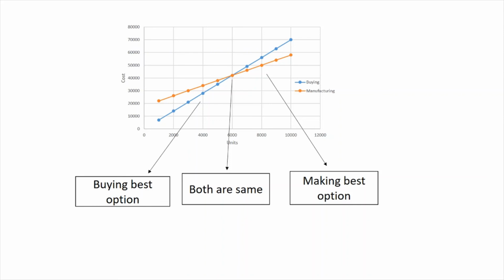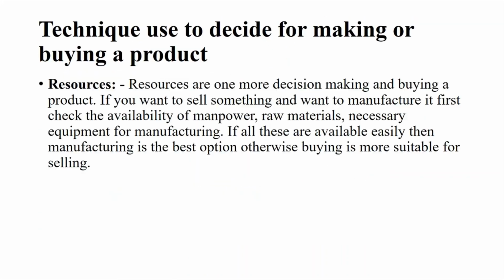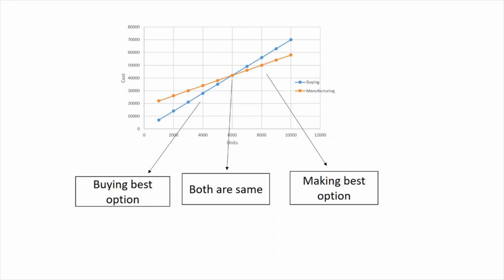If the company sells more than 6,000 units, then making is the best option for the company, because you can see in this graph that the making cost is reduced compared to the buying cost after 6,000 units.